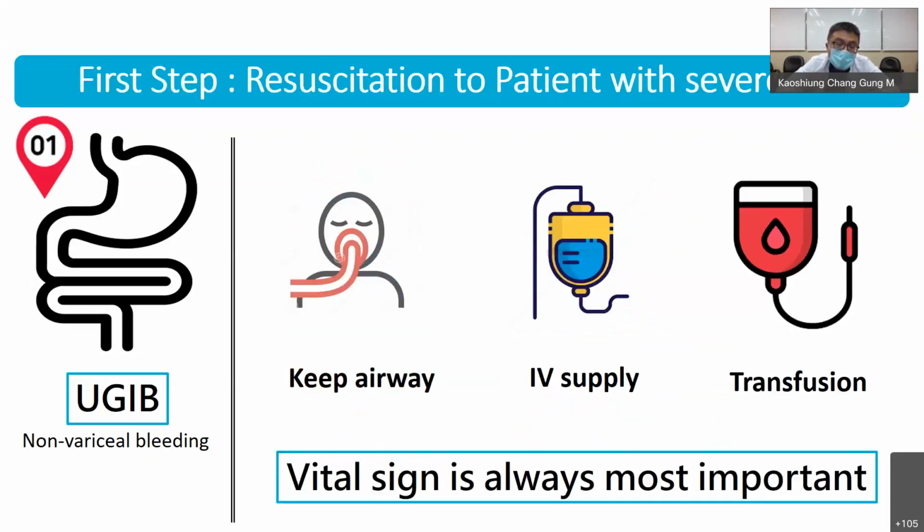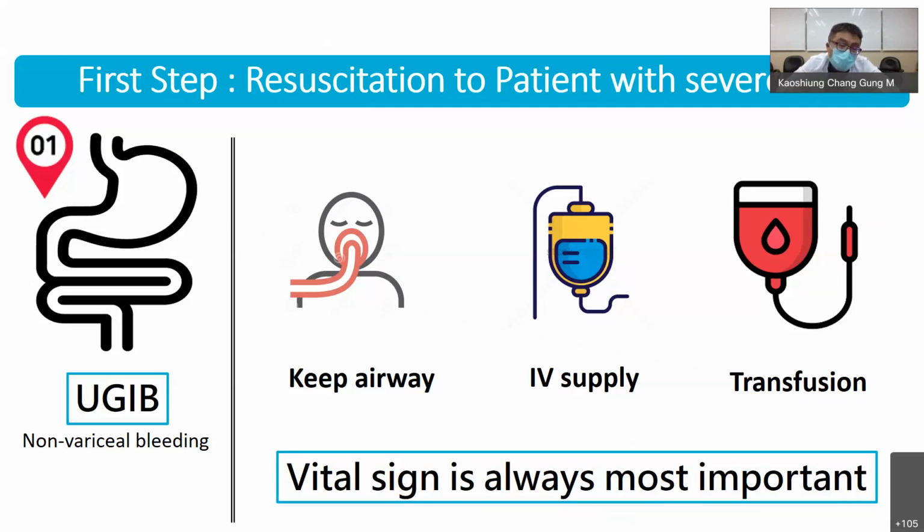Okay. Next, the most important thing is to keep patients' vital signs stable. So if patients have any signs of shock, your first step, before treating the GI bleeding, is to stabilize the patient. That includes 3 steps. One is to keep the airway free.